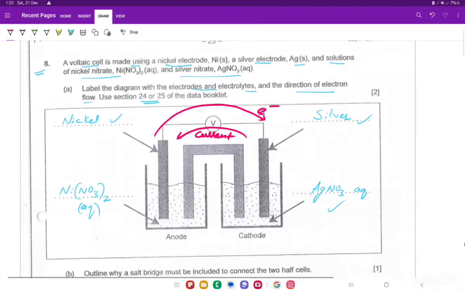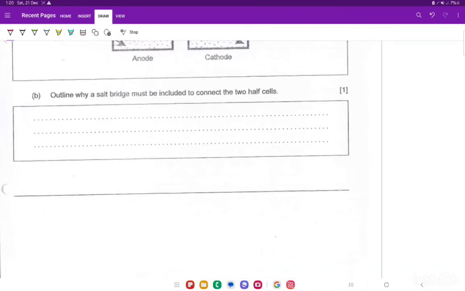This is all about part A, and part B says outline why a salt bridge must be included to connect the two half cells. Now the salt bridge is a very important component of a Voltaic cell. The salt bridge has 3 functions.